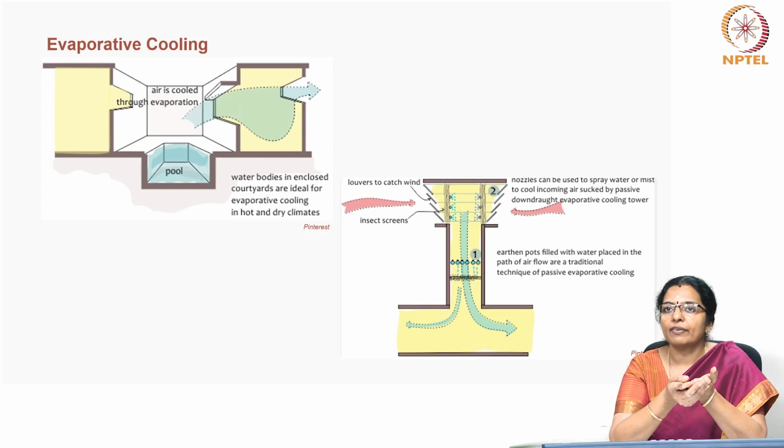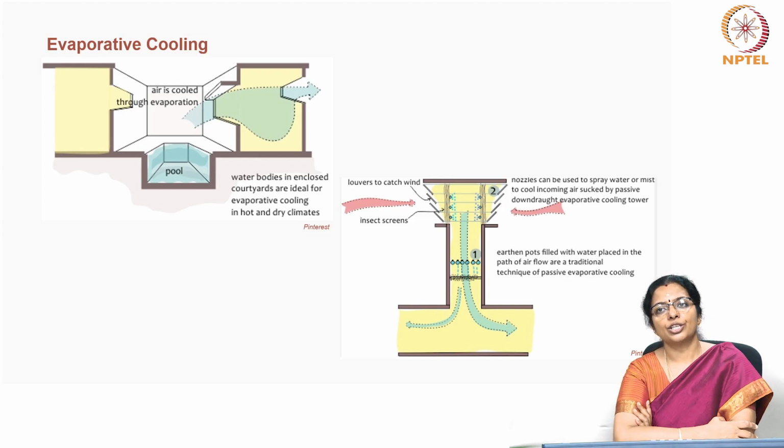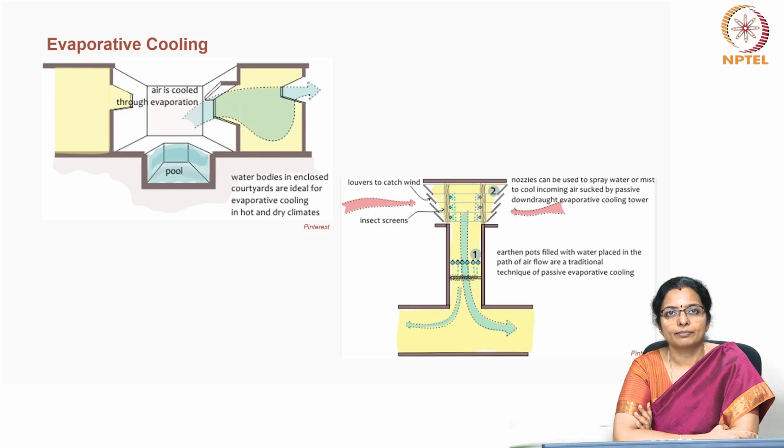It's most effective in dry and hot climates, where the air has low water saturation. However, its effectiveness diminishes in cold, humid climates where the air is already saturated with a lot of moisture and water, and this limits the cooling potential of evaporation.